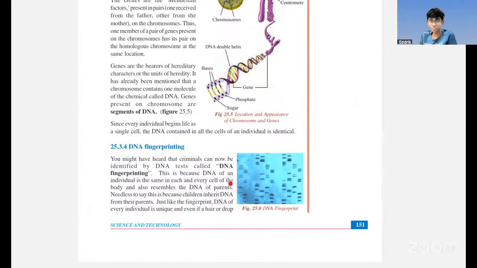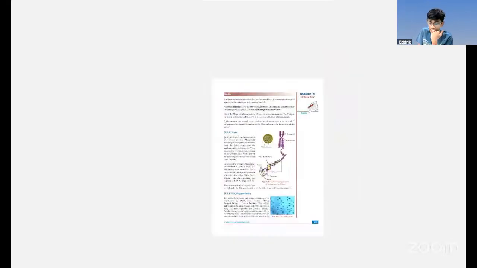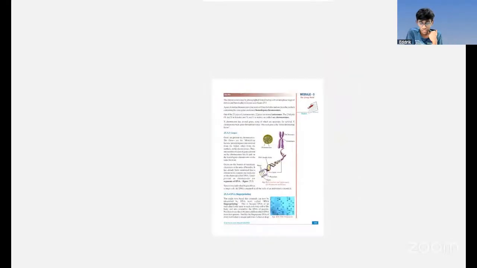Needless to say, this is because children inherit DNA from their parents. Just like the fingerprint, DNA of every individual is unique, and even if a hair or drop of blood or semen of the criminal is left at the site of crime, it can be used to detect the DNA of the criminal and compared with that of the suspect to ascertain the truth.